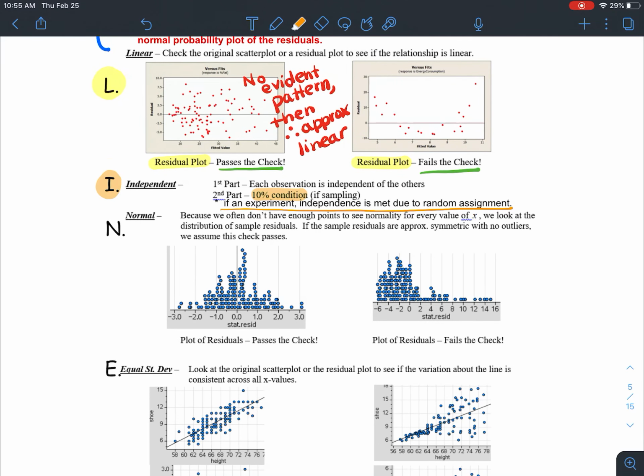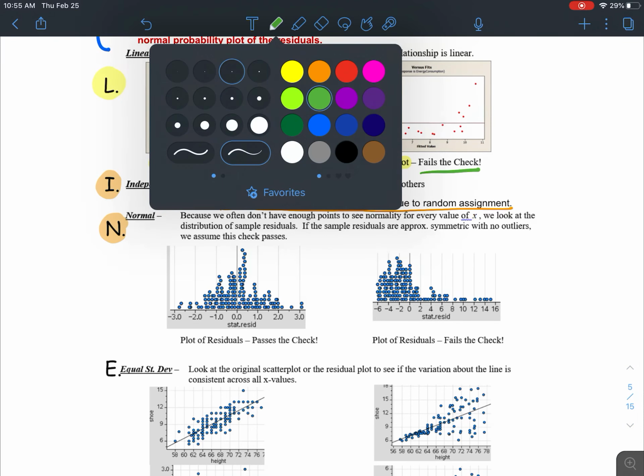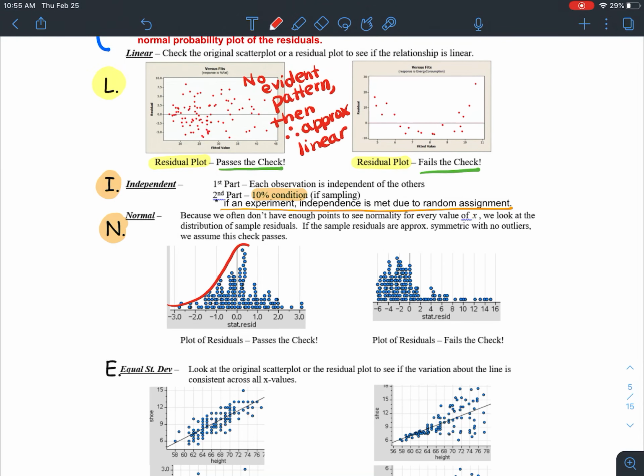Now, in this particular example down here for normality, you can see that this is kind of like a histogram. I guess they made it into a dot plot here. But you can see that in this particular dot plot, the shape is approximately normal, symmetrical here. But here we can see that it's skewed. So this one definitely passes the check. This one over here fails the check.